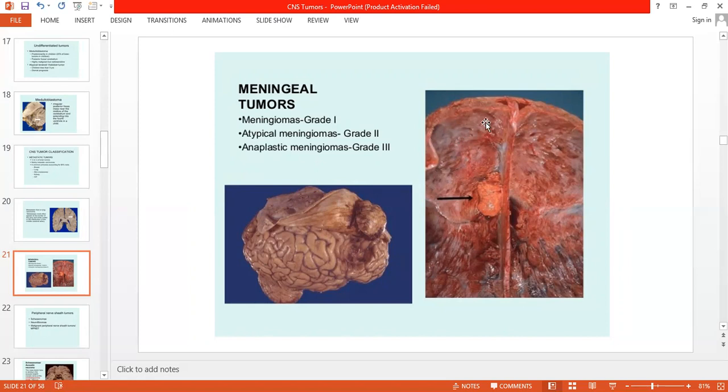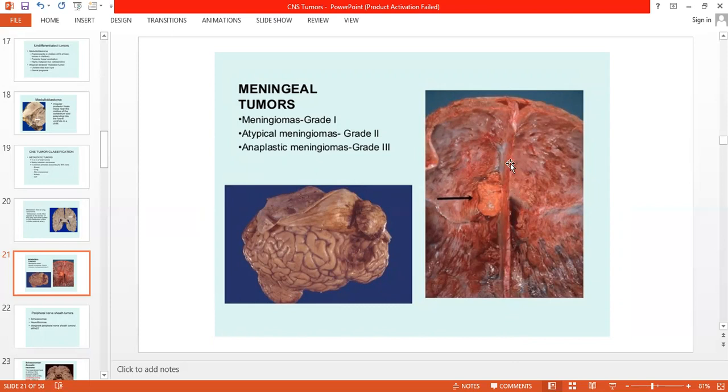We have skull base meningiomas, convexity meningiomas, parasagittal meningiomas. This is the sagittal sinus area, which is within the split two layers of the dura lying on the upper surface of the brain, coming from anterior to posterior.